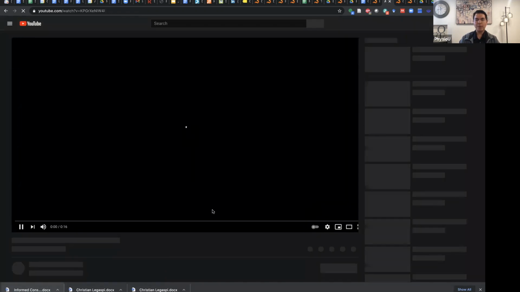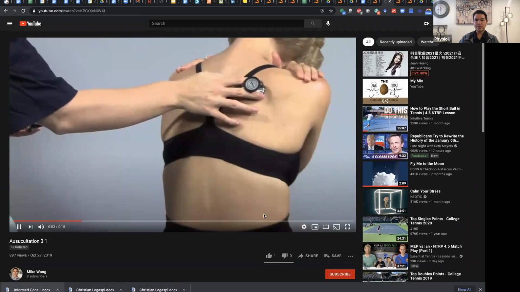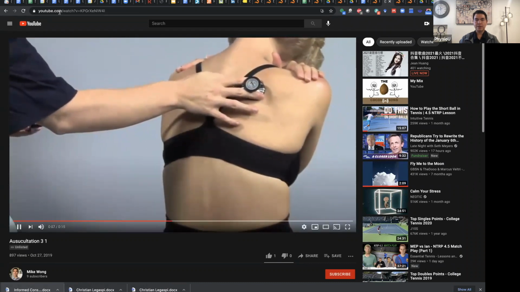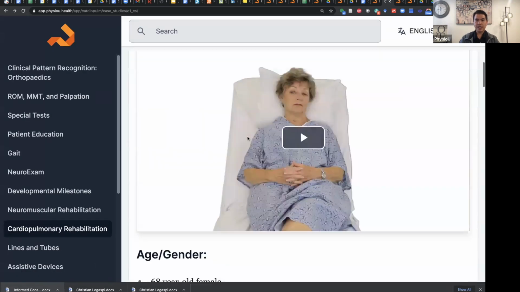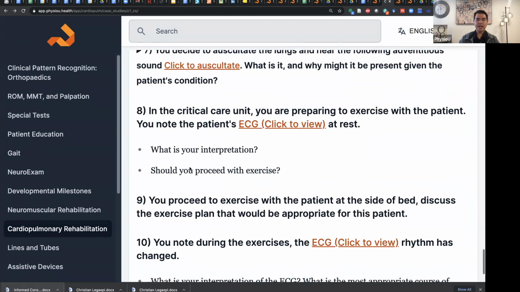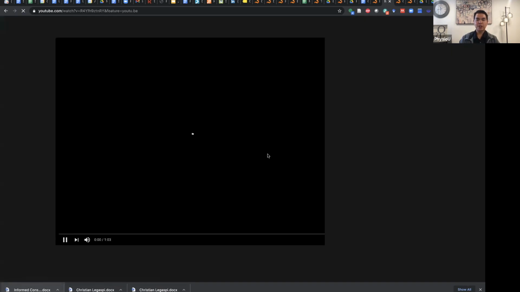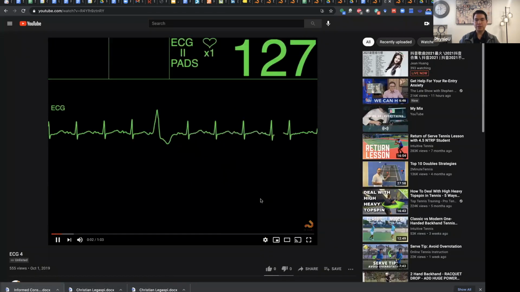What is it and why might it be present? Or, for example, you note during exercise the rhythm has changed. What is your interpretation and what is the appropriate thing to do?